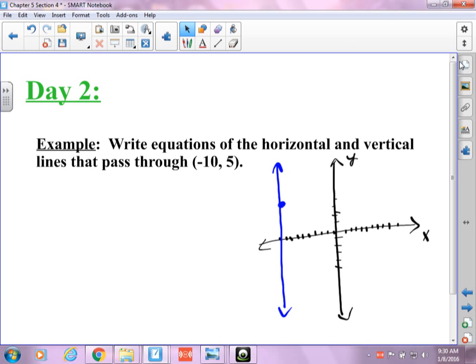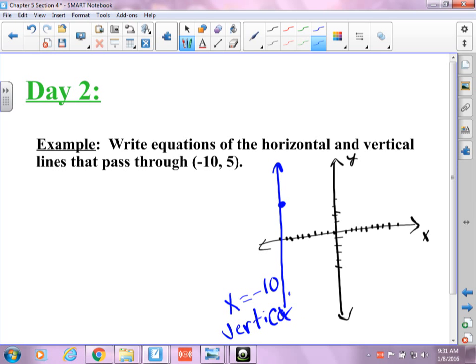Cuts the x-axis, doesn't it? So this is going to be x equals negative 10. That's the equation of the vertical line. What's the slope of a vertical line? Undefined. Yep. Talked about it before, haven't we? Right? Yeah, a lot. All right.